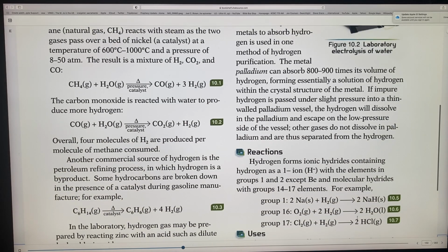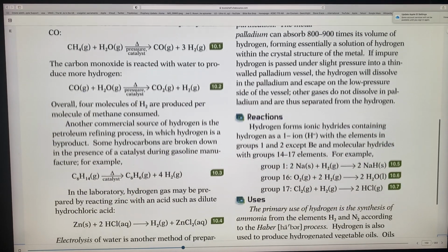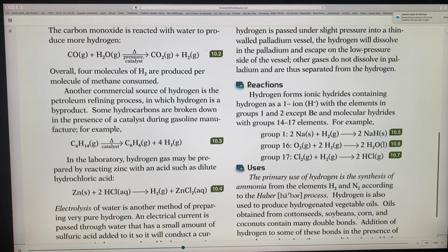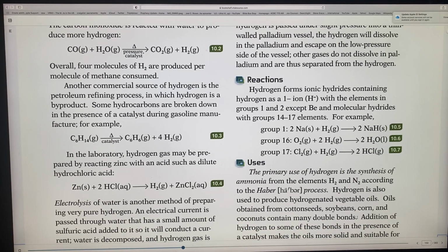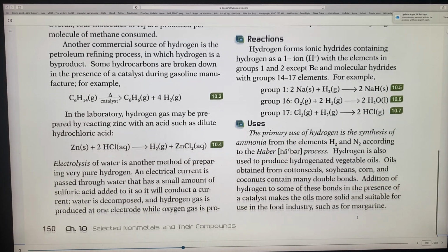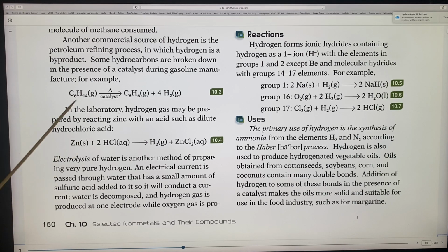So going on here, in the laboratory, to make hydrogen they'll use zinc with hydrochloric acid. So here we have zinc and hydrochloric acid. Zinc is a solid and reacts with the hydrochloric acid.